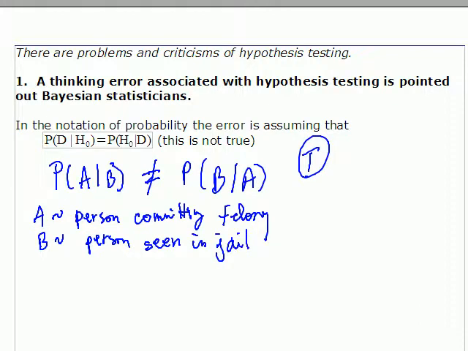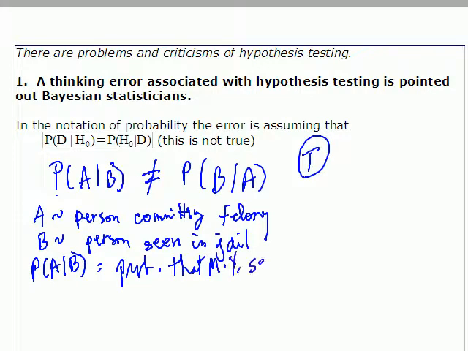What some people missed is the fact that the P is here, and the P is the probability of this happening. So this is the probability that a person, well, I'll choose my initials, is seen in jail given that I committed a felony.